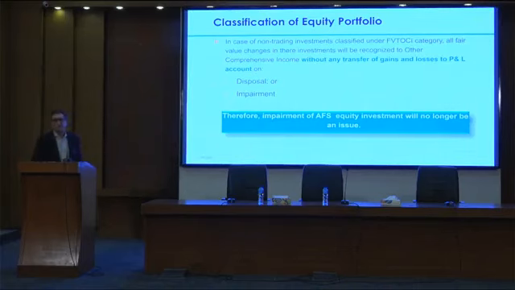So volatility is the angle which most of the banks would have to consider, and that's the reason you will see that the approach likely is going to be to keep most of the portfolio in the OCI rather than at fair value through P&L, because the entities normally are risk averse and they want to keep their P&L away from the volatility. So as a result, I think the likelihood is that we will find bulk of the portfolio classified at OCI.